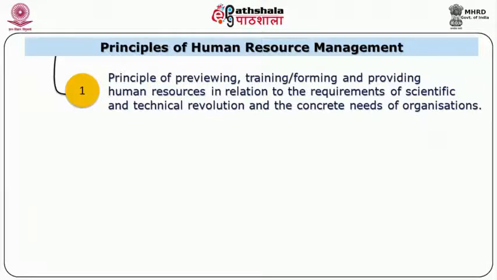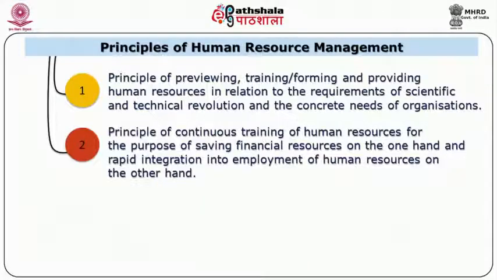The first is the principle of previewing, training, forming, and providing human resources in relation to the requirements of the scientific and technical revolution and the concrete needs of the organizations. For example, with changing needs such as the use of new technologies, it is essential to train employees in the use of the new technologies, or to select people having knowledge of new technologies, as an important guideline for managing people.